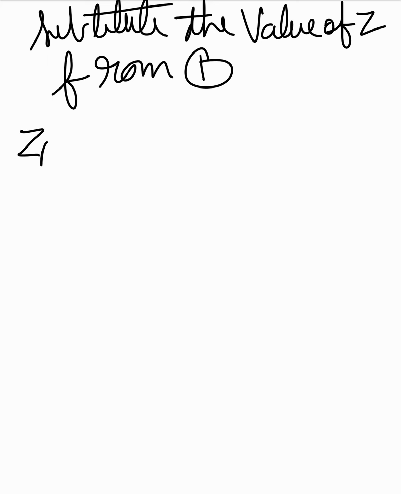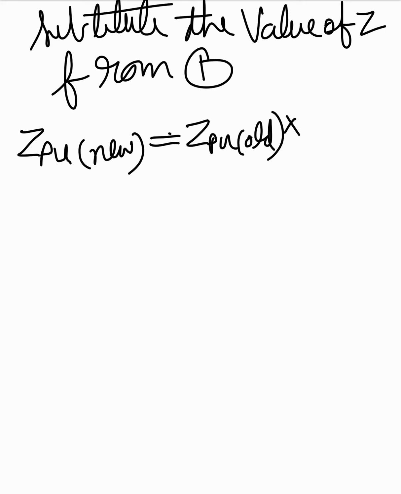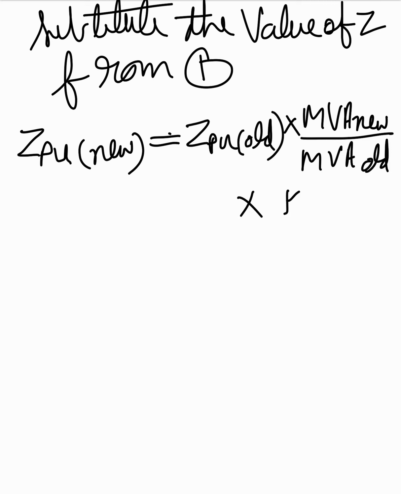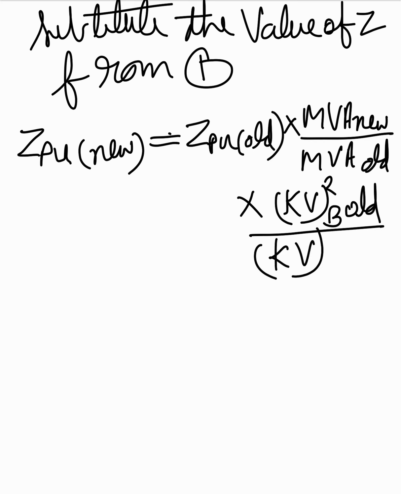So Z per unit new is equal to Z per unit old into MVA new upon MVA old, into kV base square old upon kV base square new.